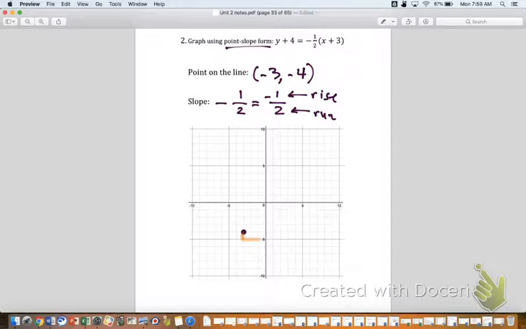You guys see my slope being counted off there, okay? So down 1, right 2. There's 1 point. Down 1, right 2. There's another point. Are you guys okay with reversing this? What's the same thing as down 1, right 2? Yeah, you can go up 1 and then to the left 2. So maybe something like that.